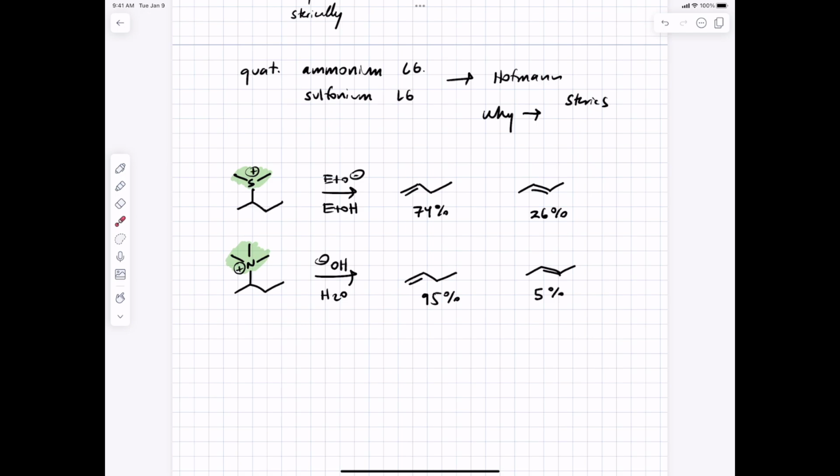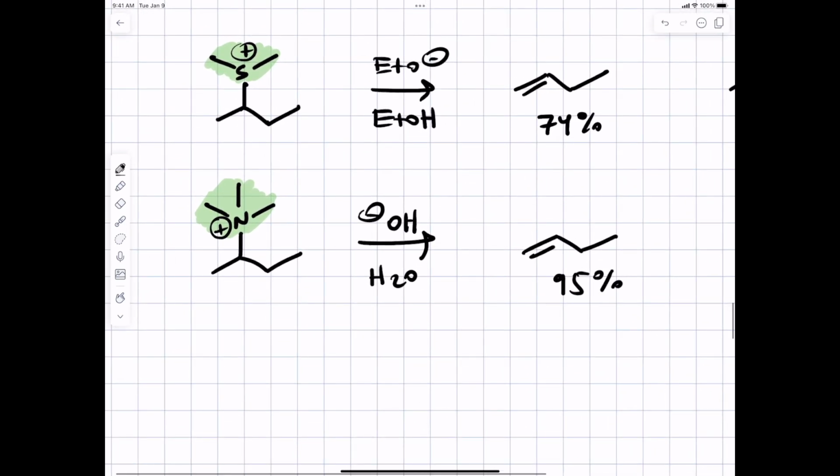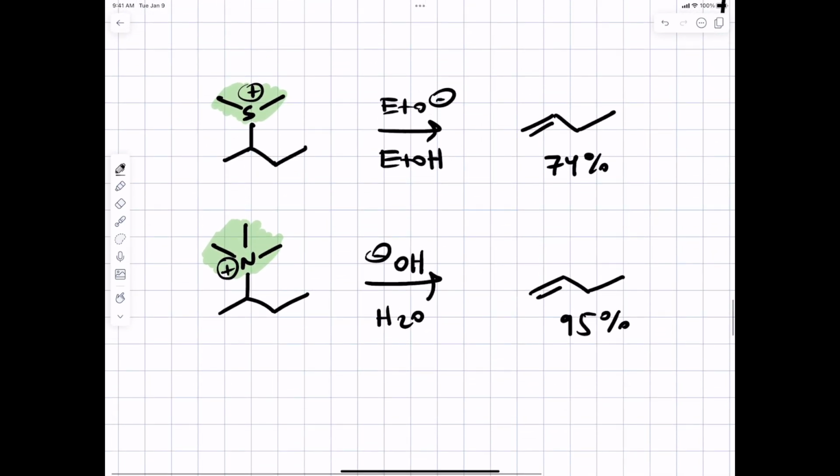There's also an electronic effect. I mean, if it's not sterics, it's electronics. Which is kind of a lame answer. But these positively charged groups that have positive formal charge on them are strongly electron withdrawing.